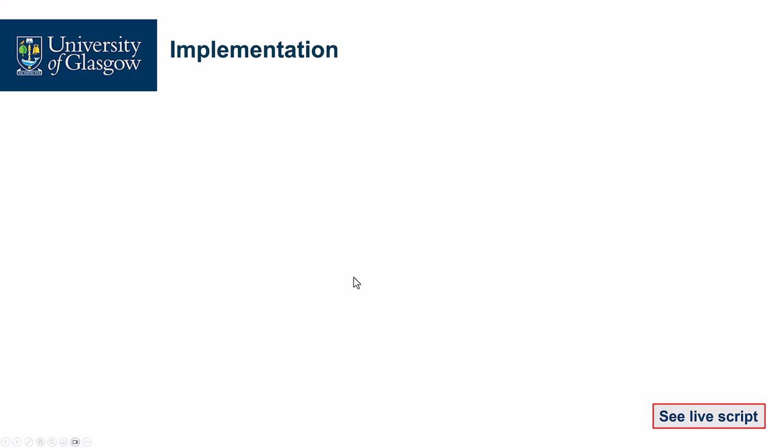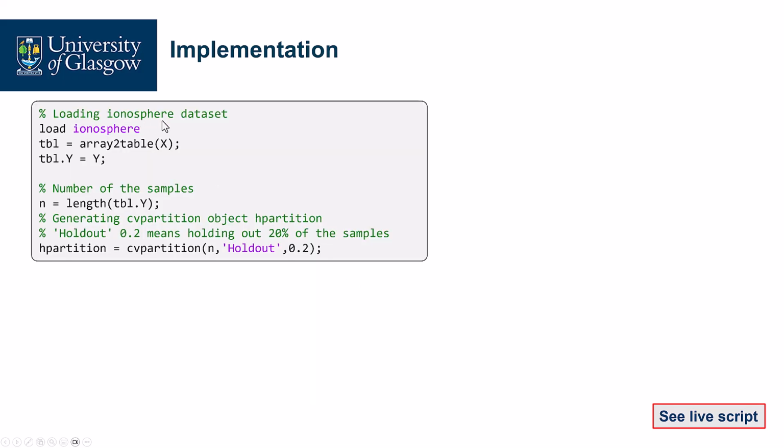Now let me give you an example. I first load some data, called the ionosphere data set. After I load it, I put X and Y into a table. Now I want to partition the Y column into the training set and the test set.